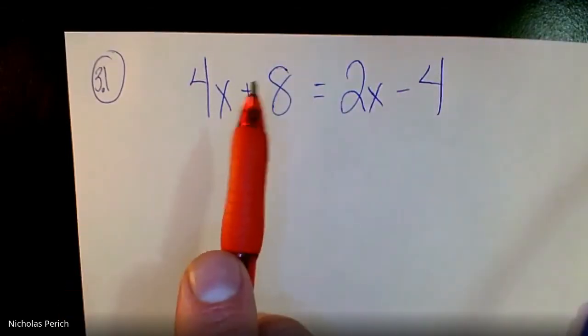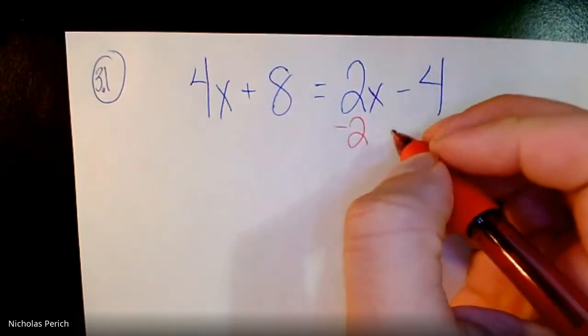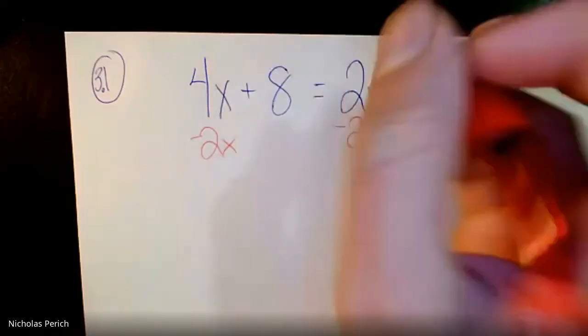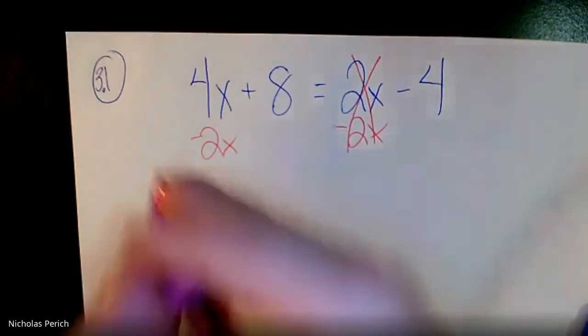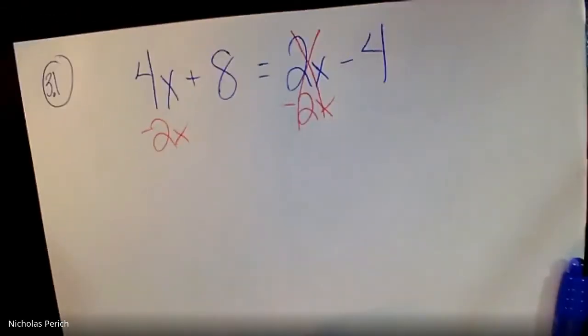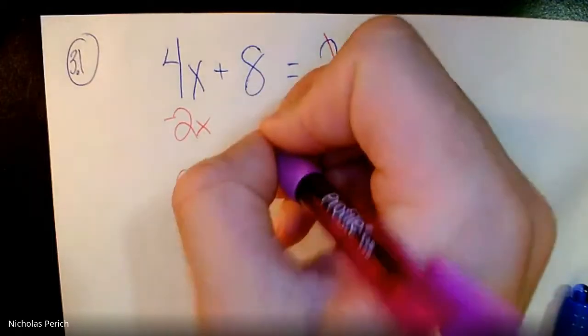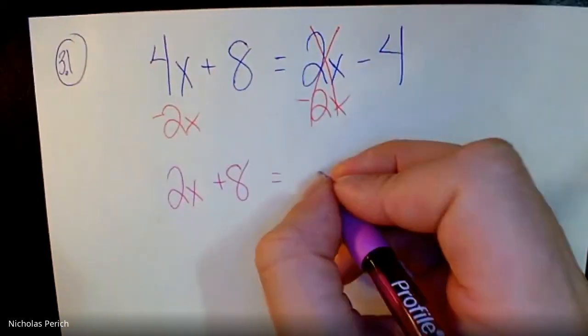Get rid of one of them. And Benson said, let's get rid of the 2x on the right because it's smaller. So Jory said here, subtract 2x, cross out. On the left, I have 4x minus 2x, which is 2x. Drop down the plus 8, drop down the equals, drop down the minus 4.